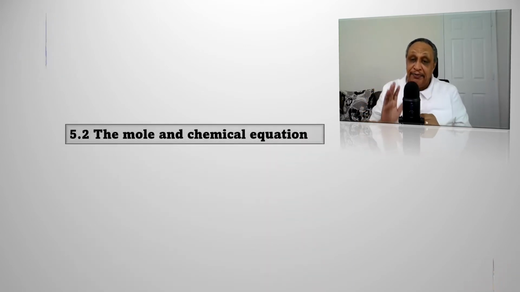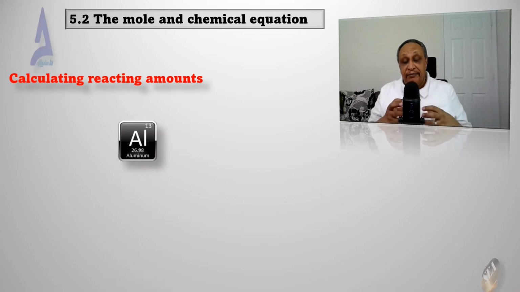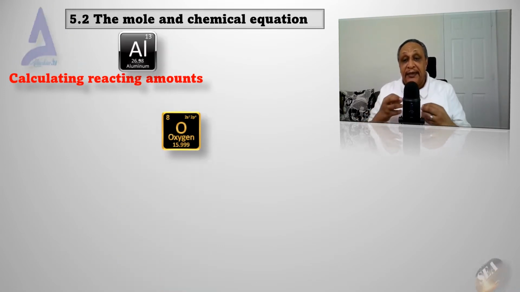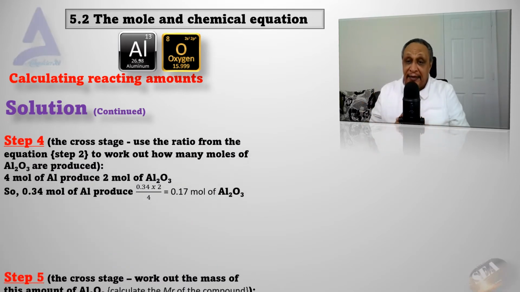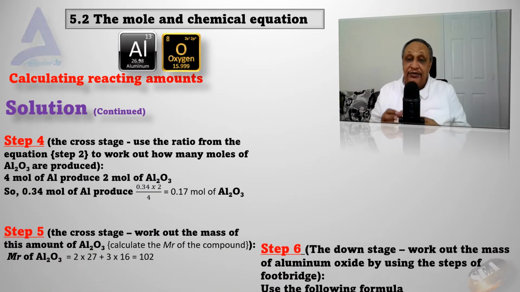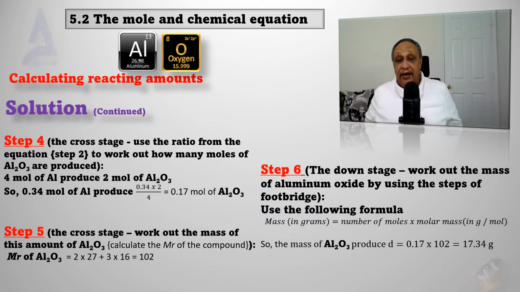Now, in step 3, the up stage, we determined the number of moles, or we counted the number of moles that are found in the 9.2 grams of aluminum.